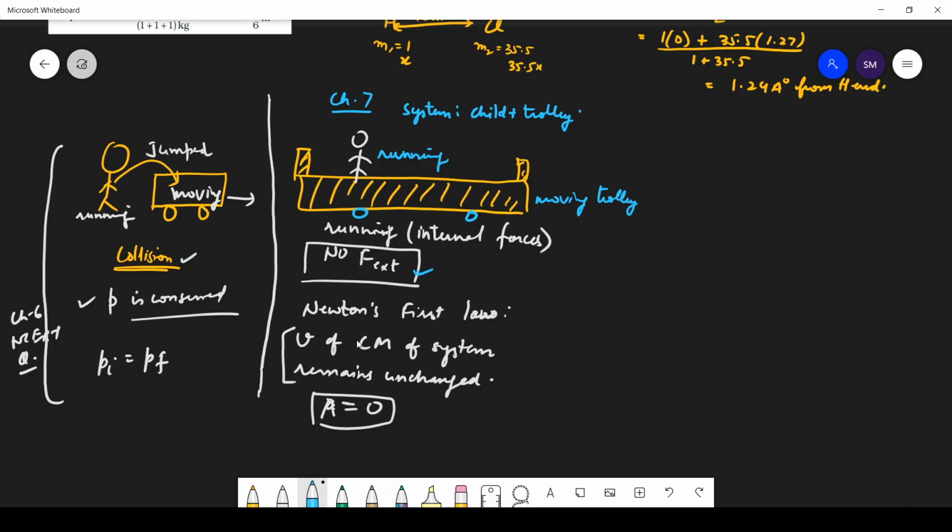The acceleration of the system can only be changed by an external force. If a child applies any force on the trolley, then the trolley will also apply an equal and opposite force on the child, so internal forces cancel out according to Newton's third law.